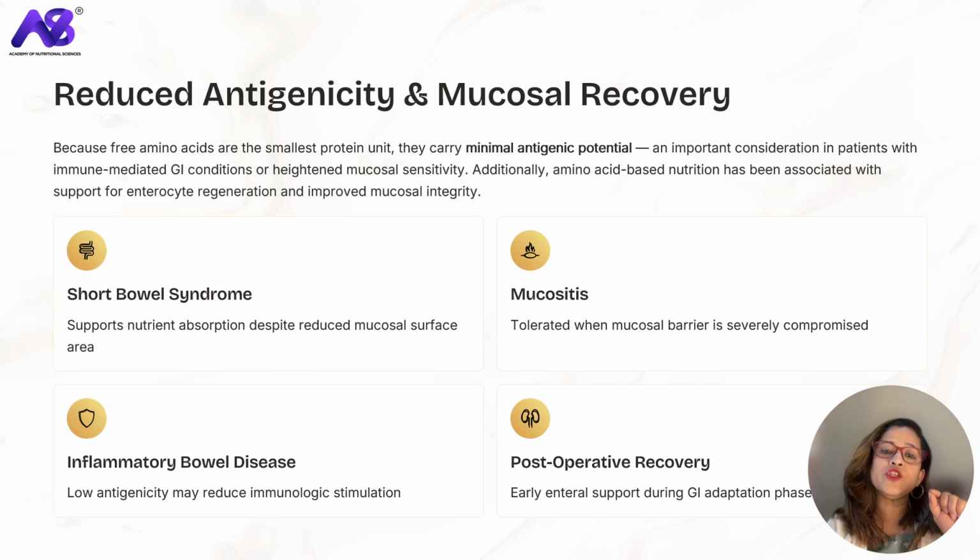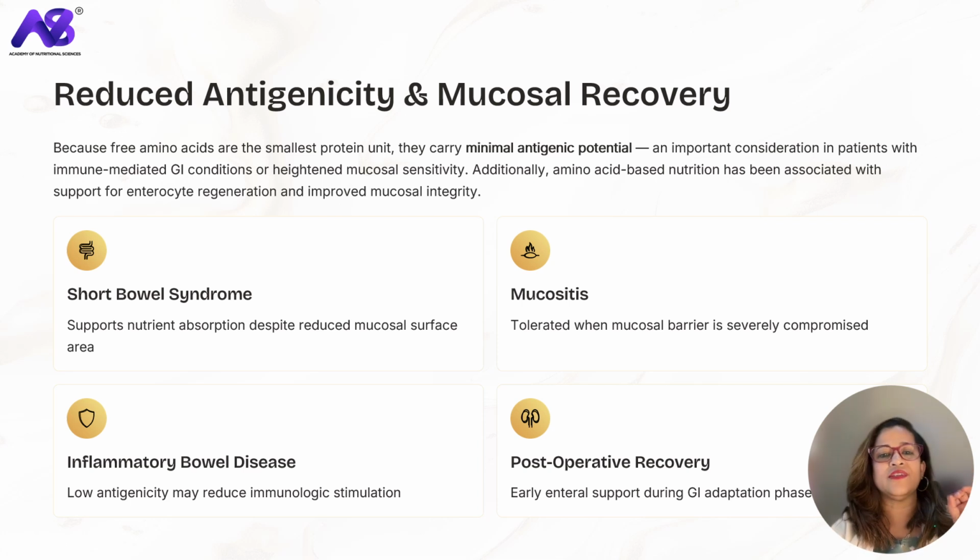Then there are patients with mucositis, inflammation of the damaged mucosal lining. It could be due to chemotherapy, radiation therapy, or sometimes certain illnesses themselves. These amino acids are gentle and non-irritating for the very sensitive intestinal linings.